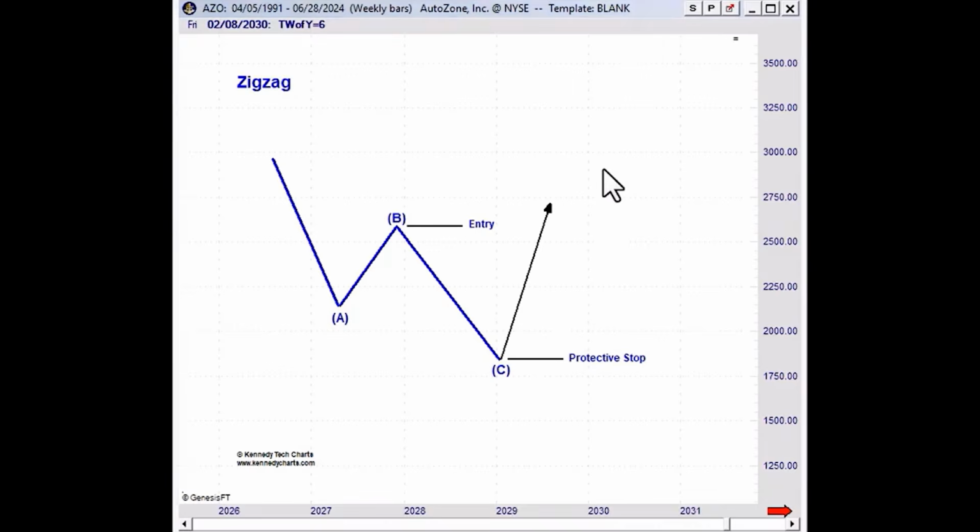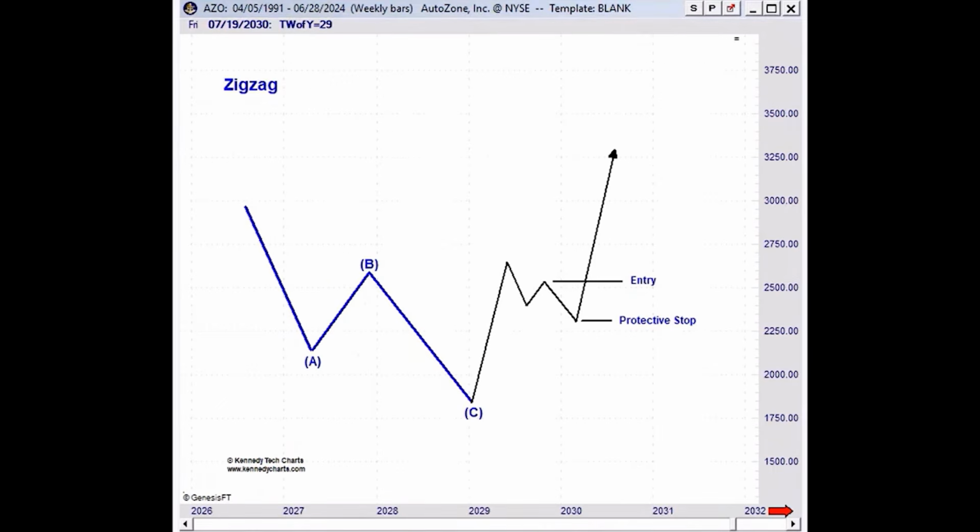So here, let me show you another technique that is kind of based on that patience concept, where you can count your A, B, C to the downside. You're done. Then you look for your initial 5-wave move up, and then you look for your first 3-wave decline. And then once you take out that small wave B extreme, then you can take your entry here with your protective stop.